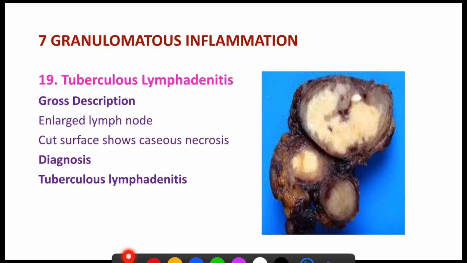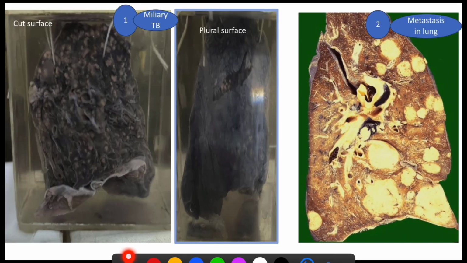Now granulomatous inflammation. We have already discussed tuberculous lymphadenitis. This is an example of granulomatous inflammation, an example of caseous necrosis. Here are specimens where you can compare two. One has tiny millet shaped caseating nodules, right?